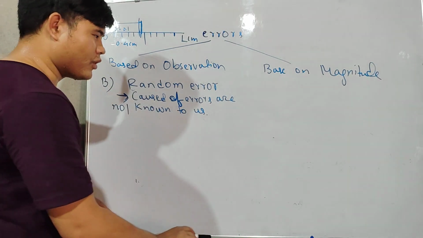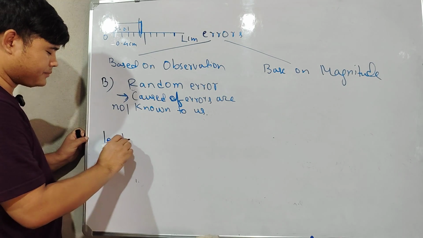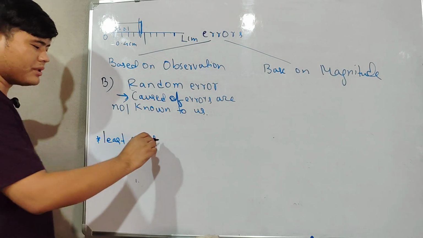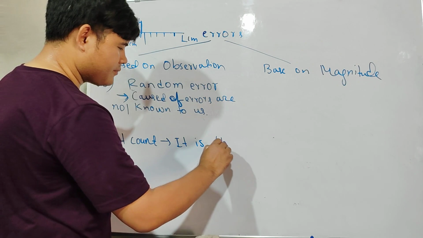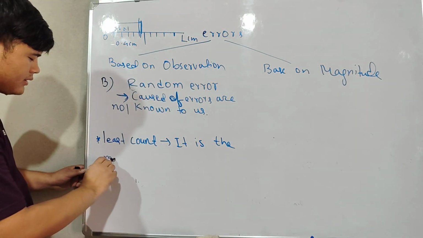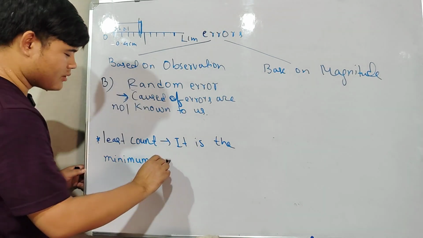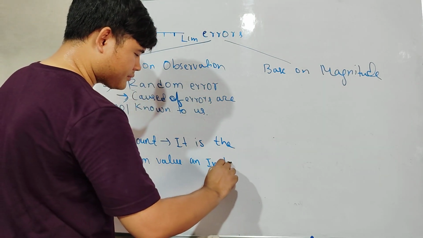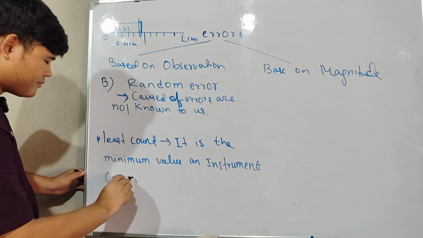Before that, you can write the definition of least count. Least count means the minimum value an instrument can measure.